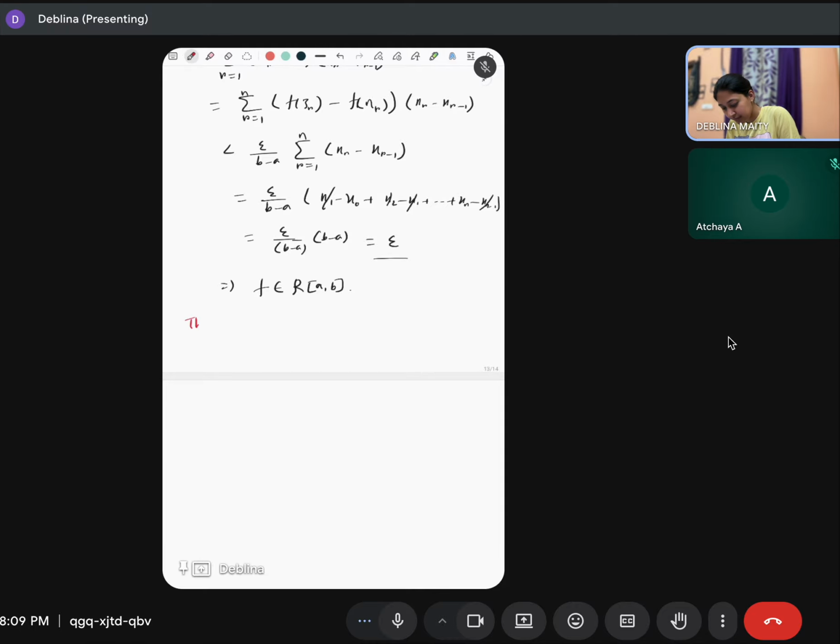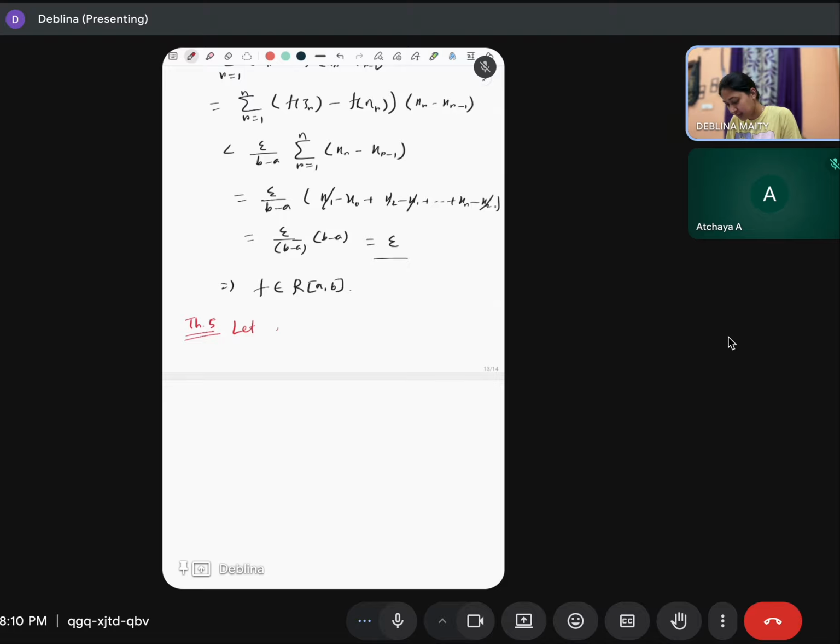So we'll see that if f is not continuous but it is piecewise continuous, means it is continuous except for some finite points, then also it will be Riemann integrable. So I will state these theorems.